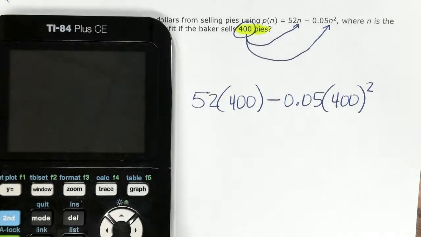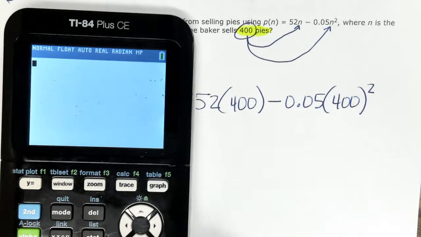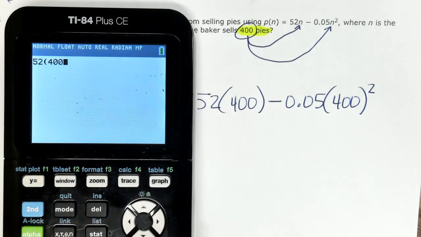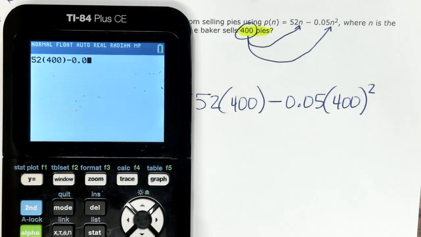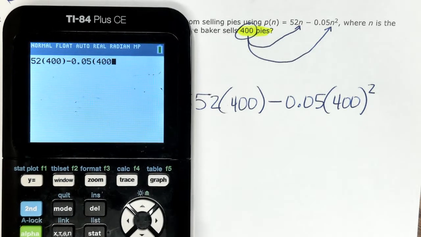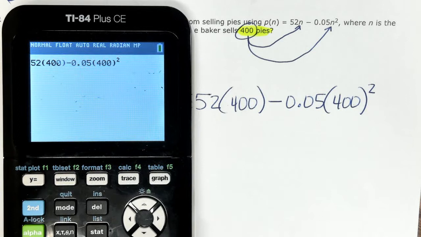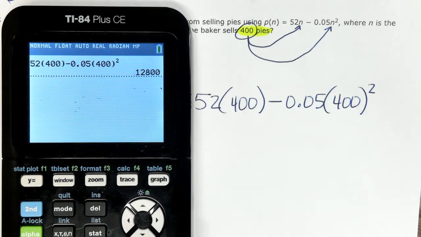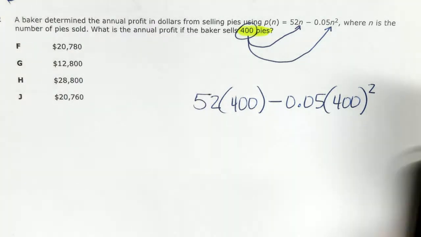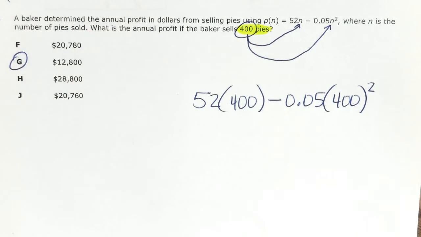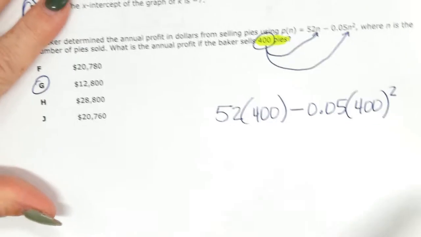And I go to my calculator and I type that in. And the answer is 12,800. So far, guys, nobody should miss it. But any questions? They're so easy.